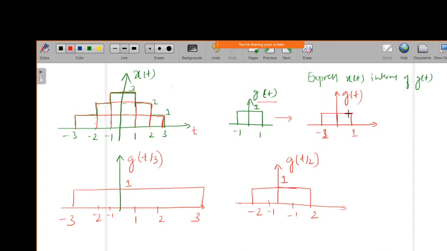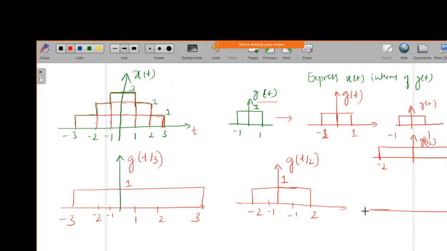So now just if I add all these things, you can see, one by one, if I put from minus 1 to plus 1, this is your g of t, and if I put this one from minus 2 to plus 2, g of t by 2, okay.